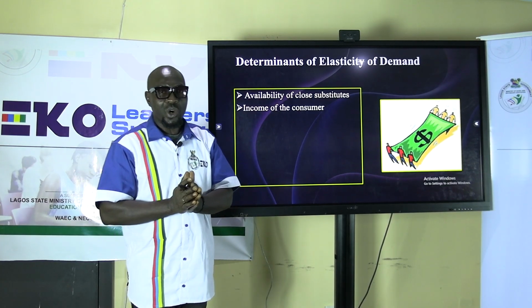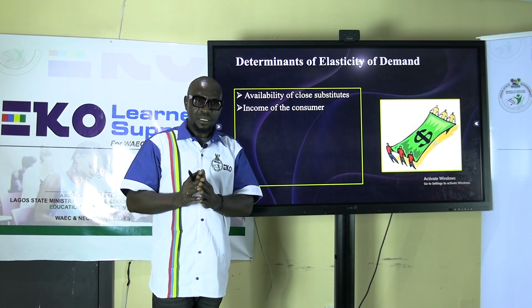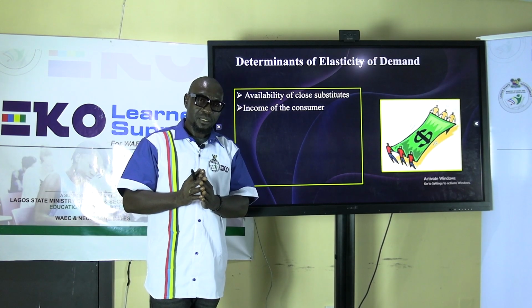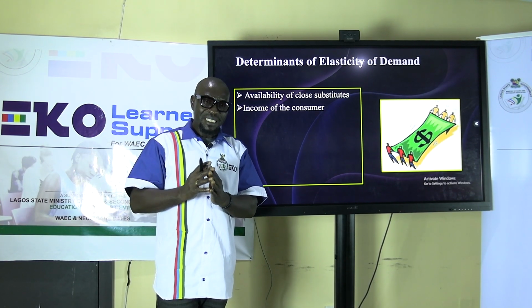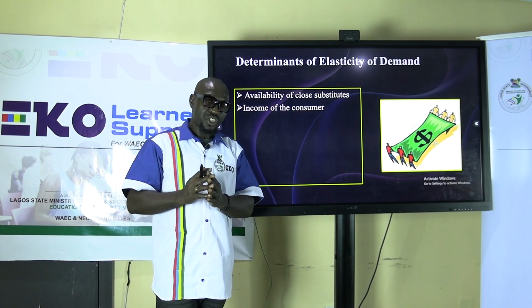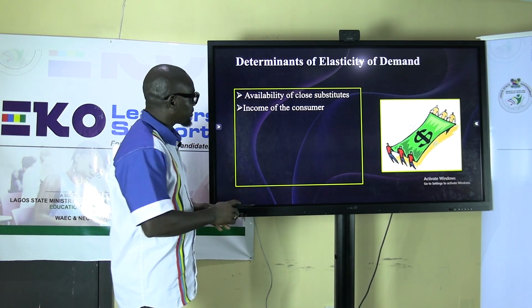If the level of your income is high, you may be indifferent to changes in price. However, if income is low, then you are greatly affected by changes in the price of a commodity.